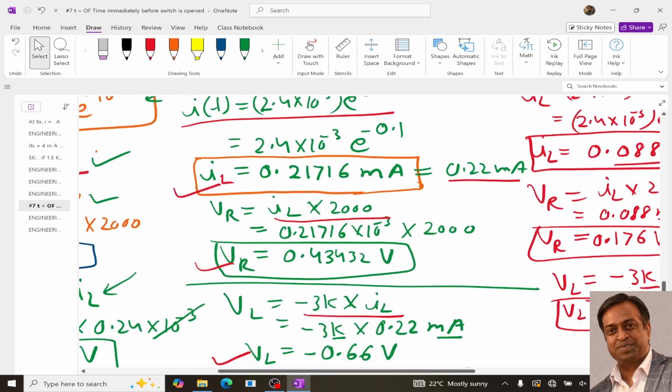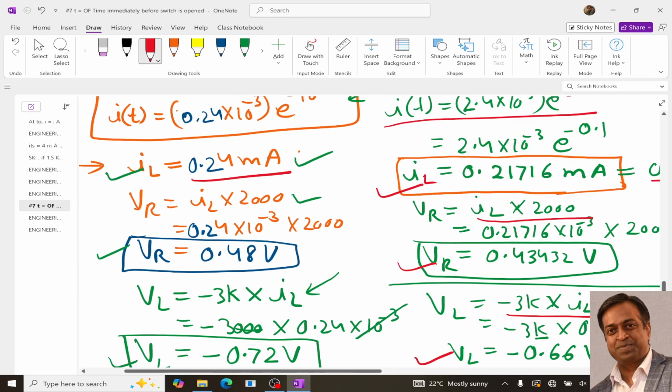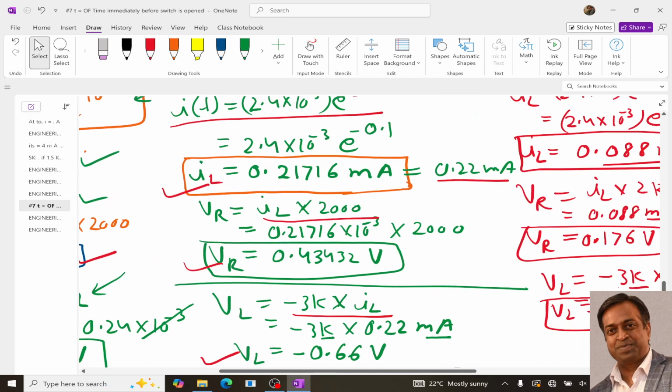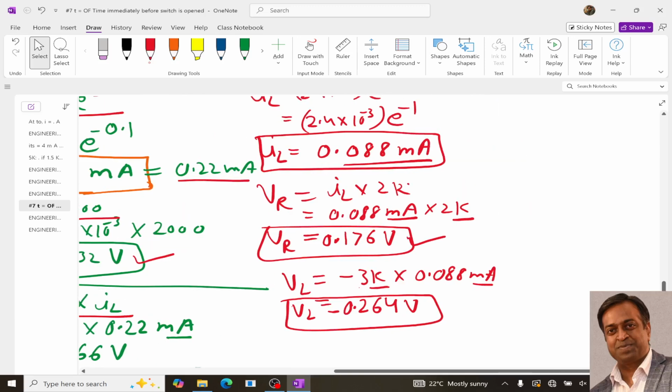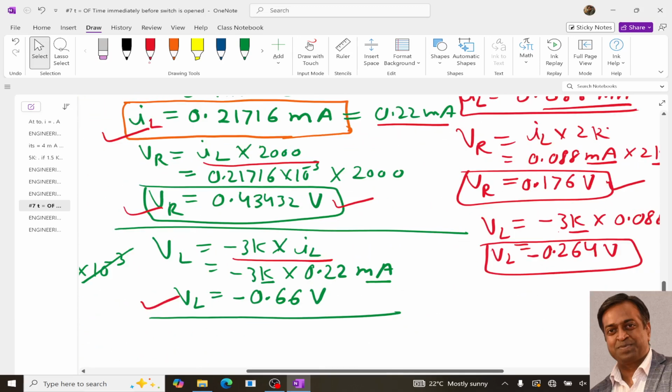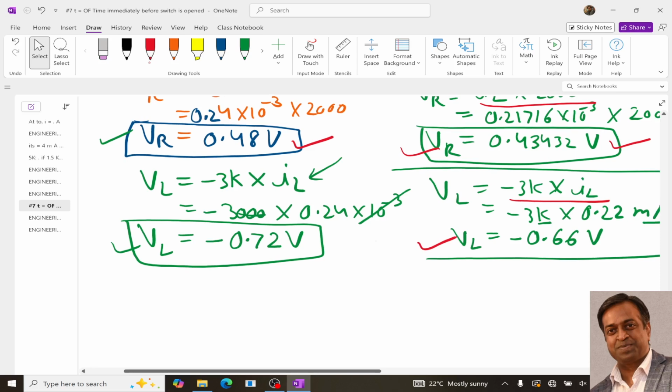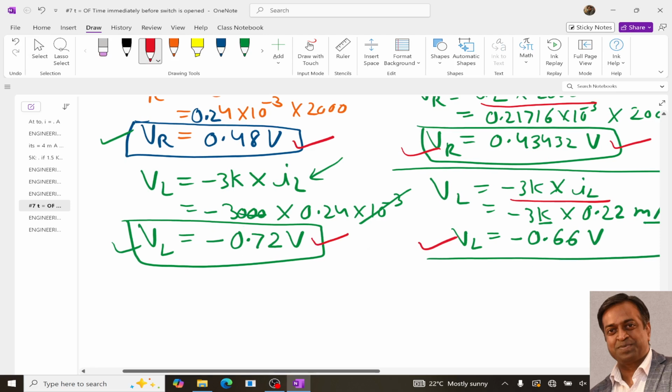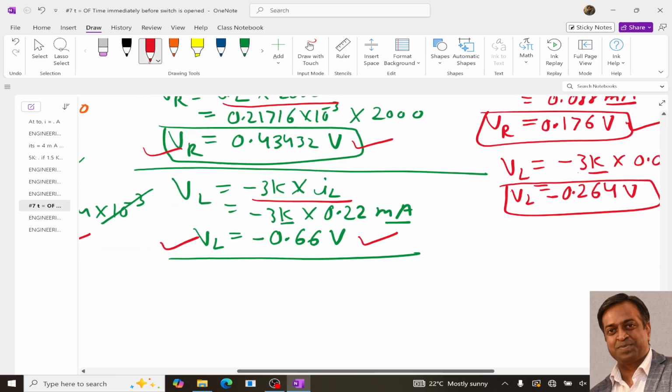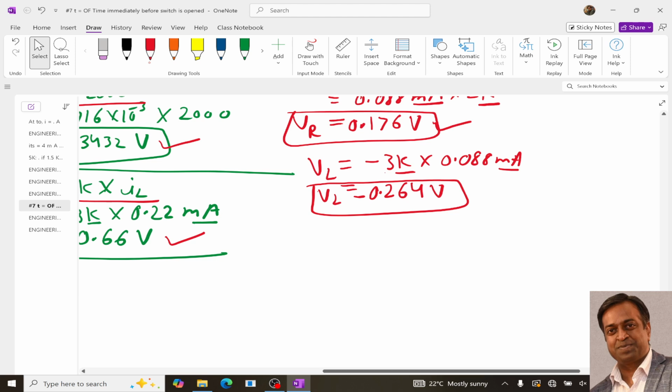Similarly VR is 0.48 at 0 plus, then 0.43, and then 0.17. Similarly VL starts from 0.7, then 0.6 at 1 microsecond, at 10 it is 0.2.